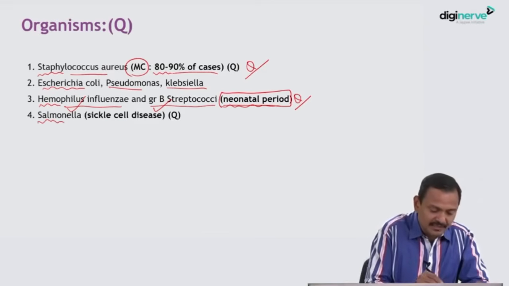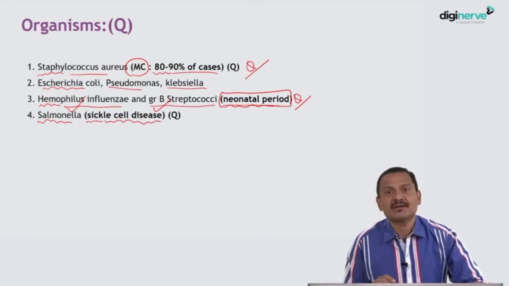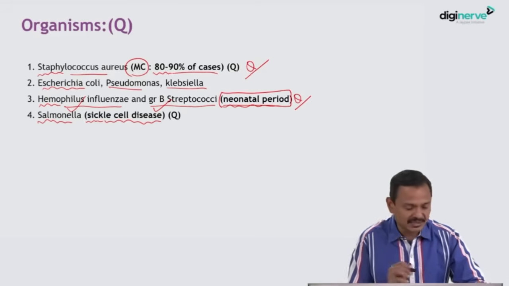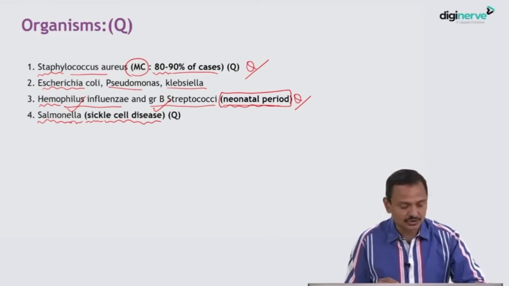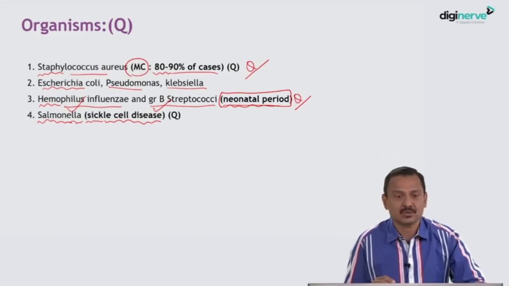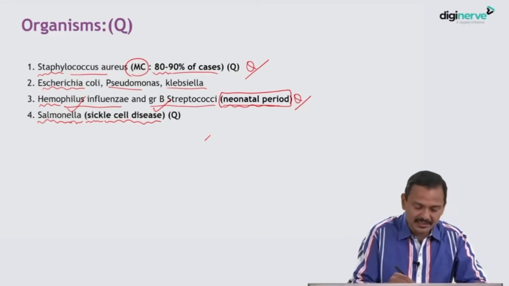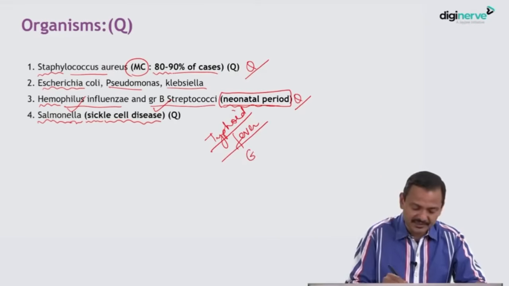The fourth is Salmonella typhi, and you have to remember this is very specific. Especially in patients having sickle cell anemia or sickle cell disease, Salmonella is the common cause of osteomyelitis, though it can happen in other patients also. Salmonella typhi is responsible for typhoid fever, an infection of the GI tract.